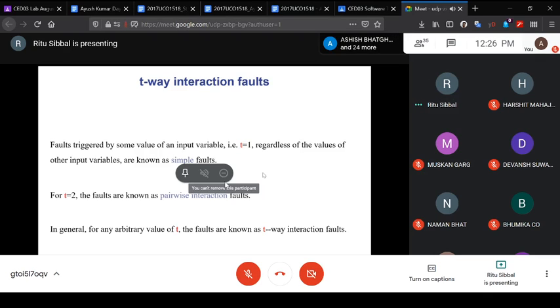So faults caused by two factors simultaneously are known as pairwise interaction faults. All right. If you increase the number, three-way interaction faults हो जायेंगे. Similarly, we call it t-way interaction faults, where we consider the faults because of the interaction of two or more inputs. If it is only one, it is a simple fault.